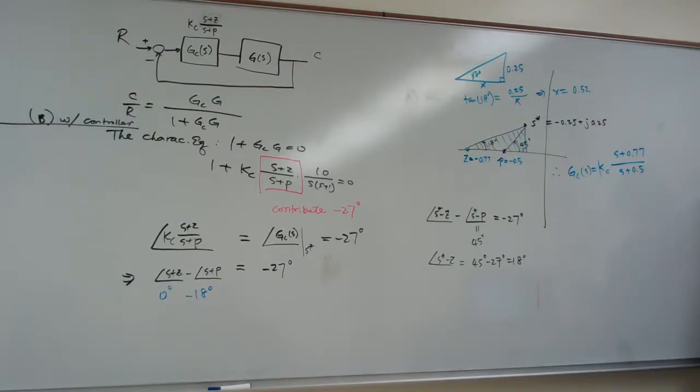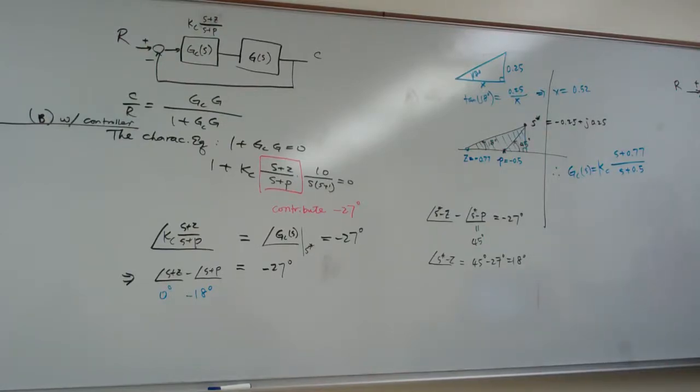This is our GC controller, and that is KC (S plus 0.77) over (S plus 0.5), and this is our open loop system, 10 times 1 over (S plus 1). So our system is like this. This is C and this is R.